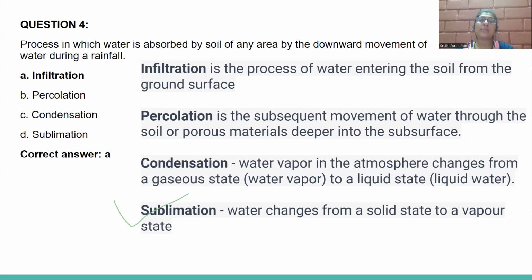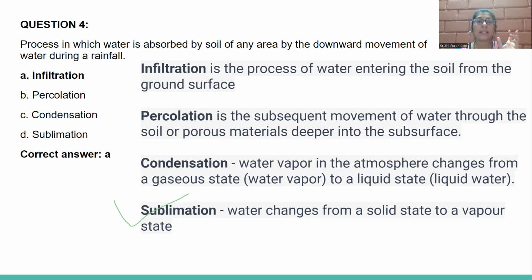So, infiltration is the process of downward movement of water from the surface of the earth into the subsurface, whereas percolation is the subsequent movement of the water that is there in the subsurface into deeper layers of the earth. So this is the difference between infiltration and percolation.